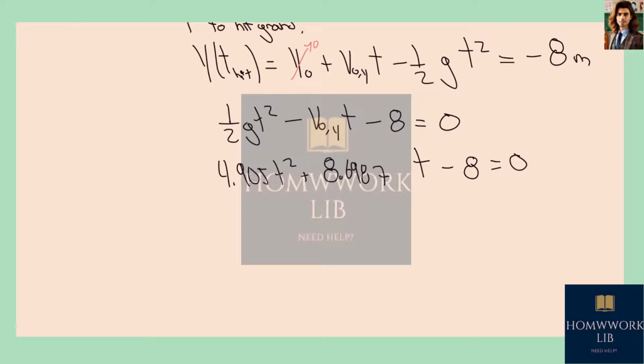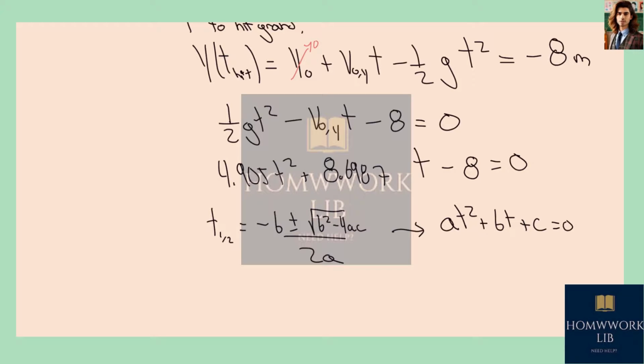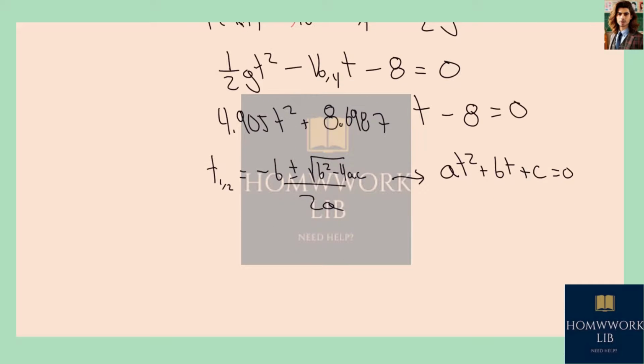And you can use either your calculator, software, or the general formula, which tells us that x1,2, the two possible solutions, would be equal to minus b plus minus square root of b squared minus 4 times a c over 2 times a, where a, b, and c come from an expression that looks like a t squared plus b t plus c equals 0, right? So you just need to replace the values in that equation.